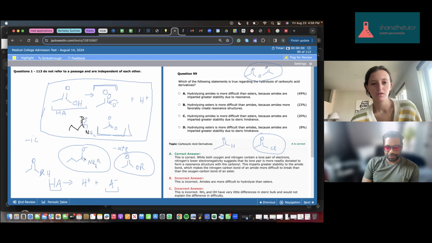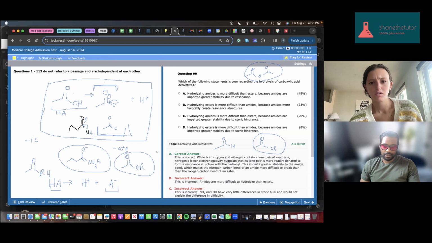And what does resonance do to a molecule? It makes them more stable, energetically favorable, with no charge. So would anhydrides be more stable? No, amides would be. Good. So amides would be the most stable.